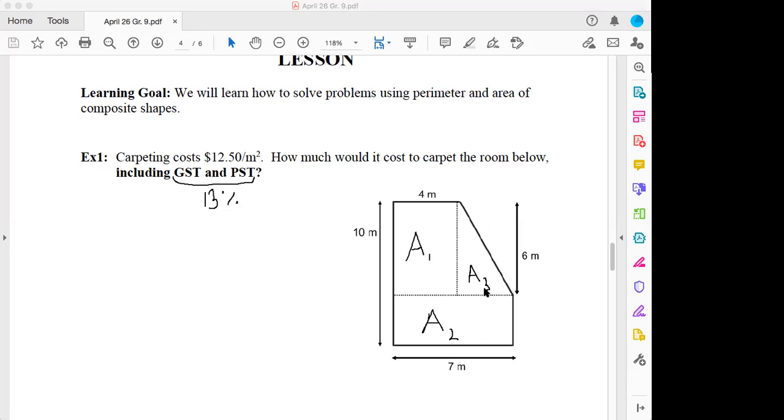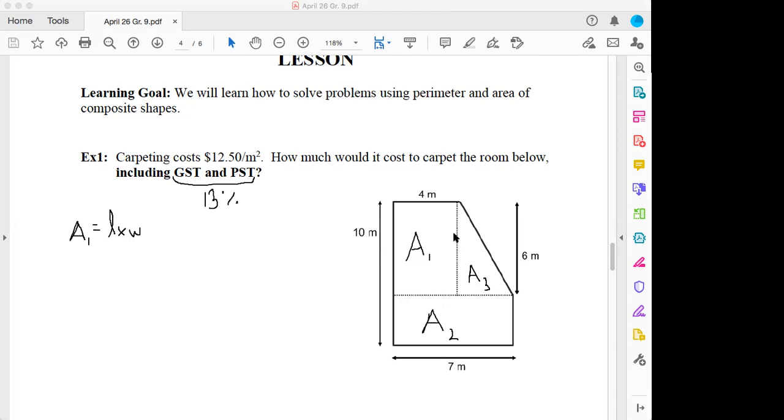Okay. So then for A1, because it is a rectangle, our formula is going to be length times width. Okay, so for our length, just keep in mind that you're not using this whole 10 meters.